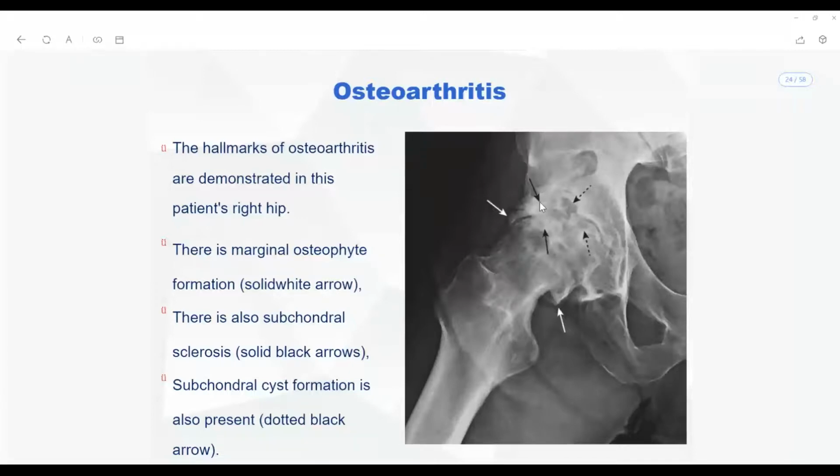Both of them are forming here, and there is increased density along these areas. Immediately along the subchondral sclerosis, I can see an extra bone formation, suggesting a marginal osteophyte. Subchondral sclerosis and joint space reduction are clearly evident. You can also see a radiolucent density along the acetabular surface. So all of them are characteristic features of osteoarthritis.